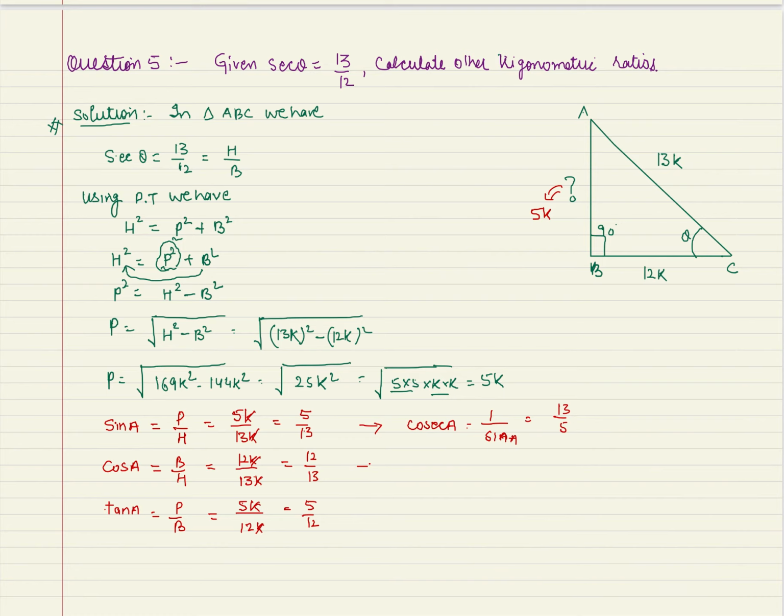Invert cos A, that is secant A, which is 1 by cos A, equal to 13 by 12, right? And invert tan A and it will become cot A. So cot A is 1 by tan A, which will be 12 upon 5.